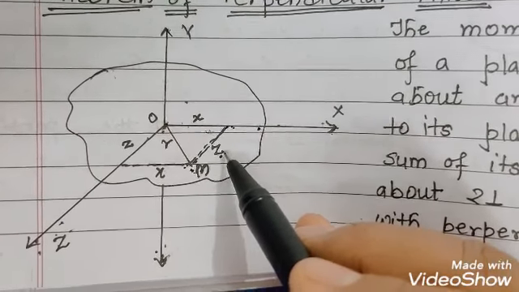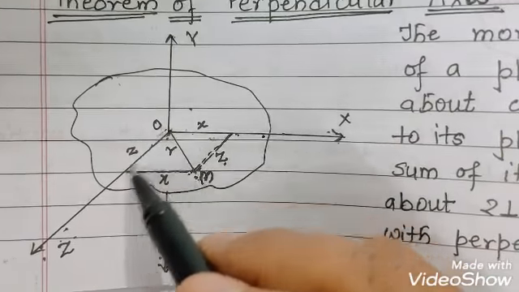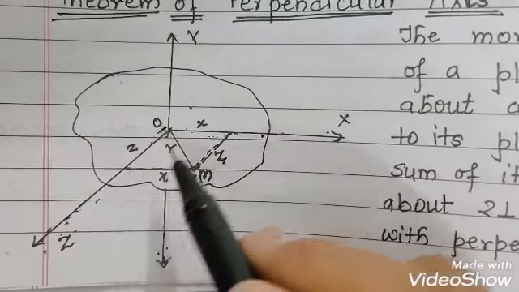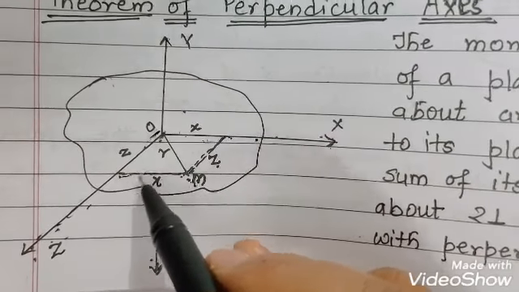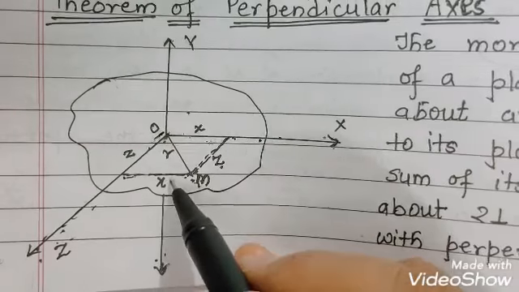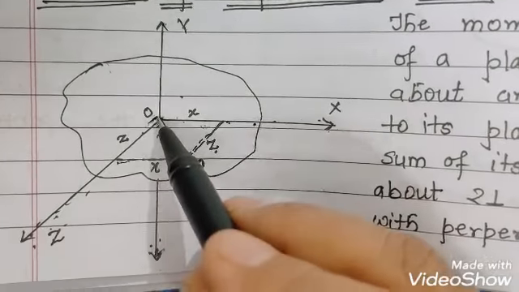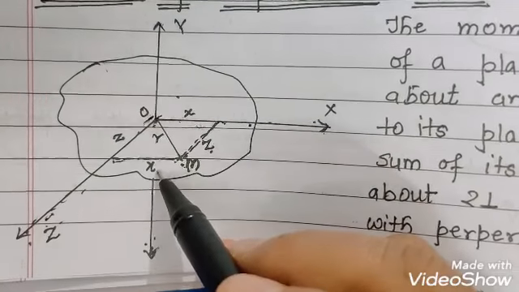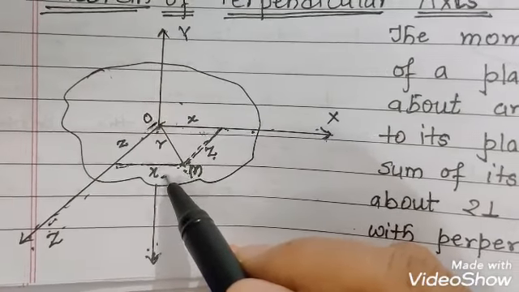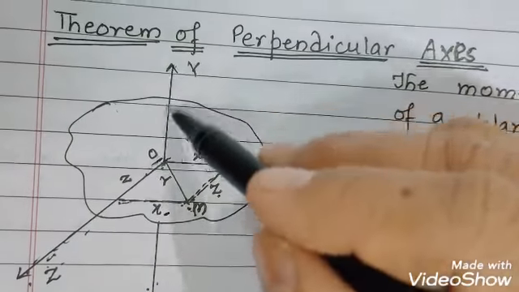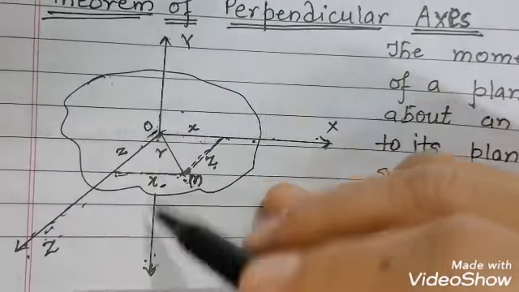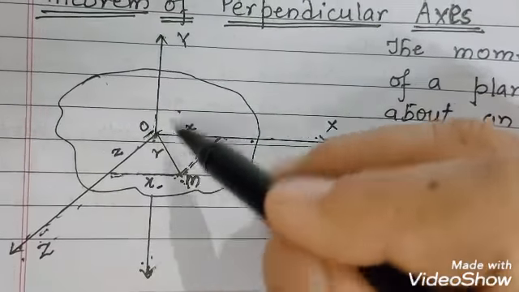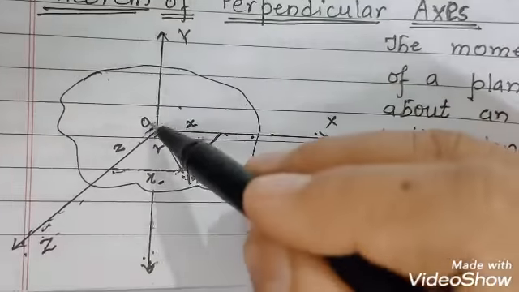Now, about the z-axis, the perpendicular distance of this mass from the z-axis is x. So the moment of inertia about the z-axis must be mx square. This is the y-axis, and the perpendicular distance of this mass m from the y-axis is r.